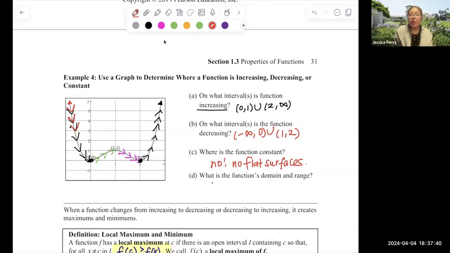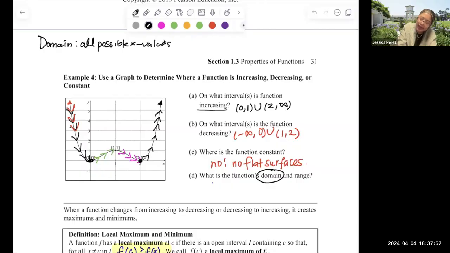What is the function's domain and range? Let's talk about that. What is the domain? The domain is all of the possible X values. What are the values of X that you see? Well, this is from negative infinity to positive infinity. That's the domain.